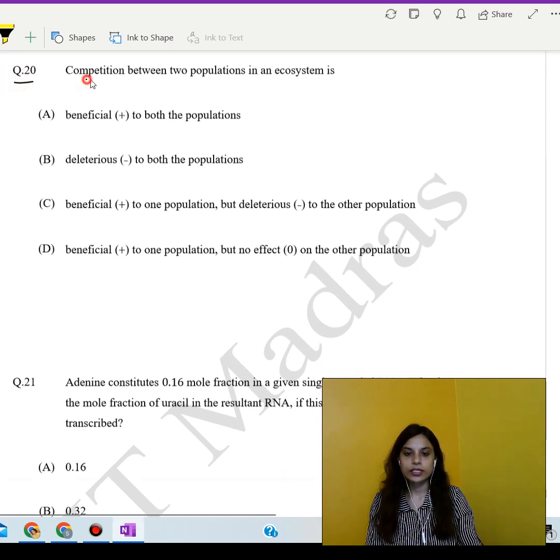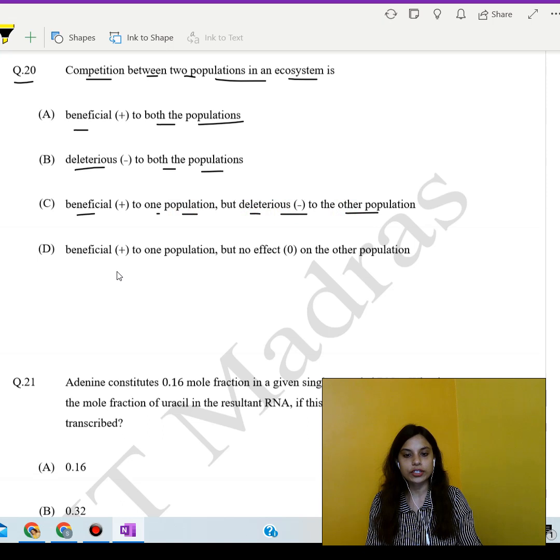Next question says competition between two populations in an ecosystem is beneficial to both the population, deleterious to both the population, beneficial to one population but deleterious to the other population, beneficial to one population but no effect on the other population.